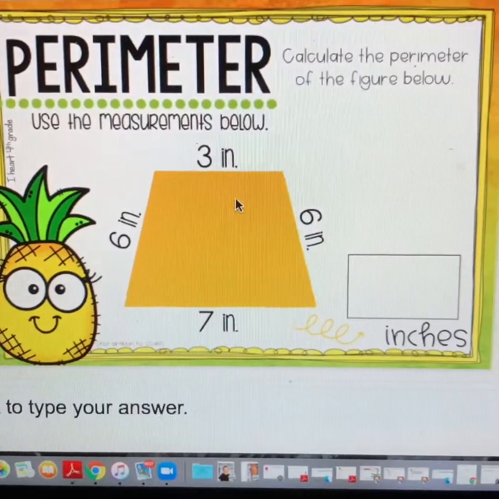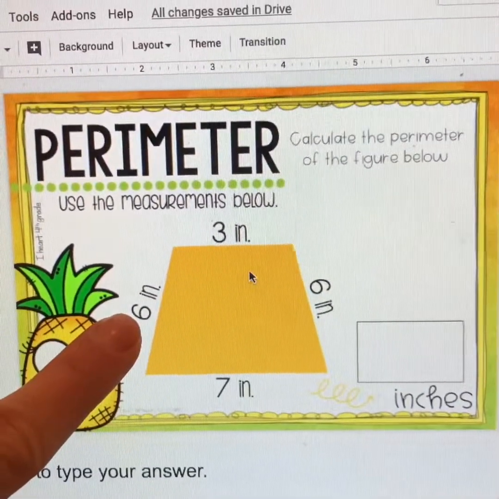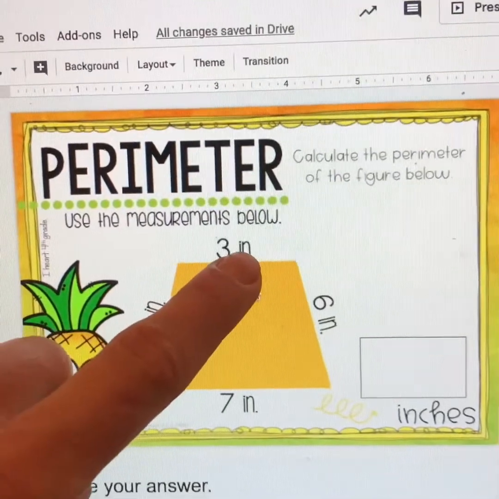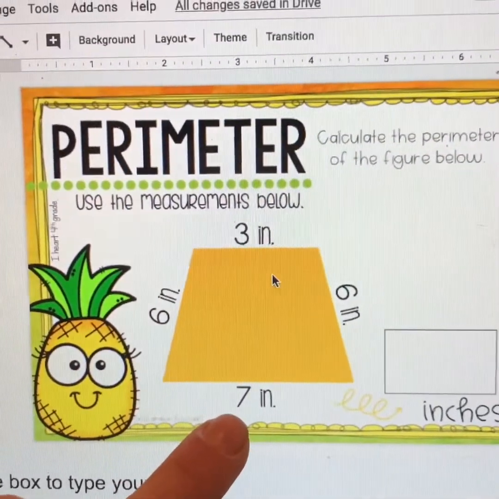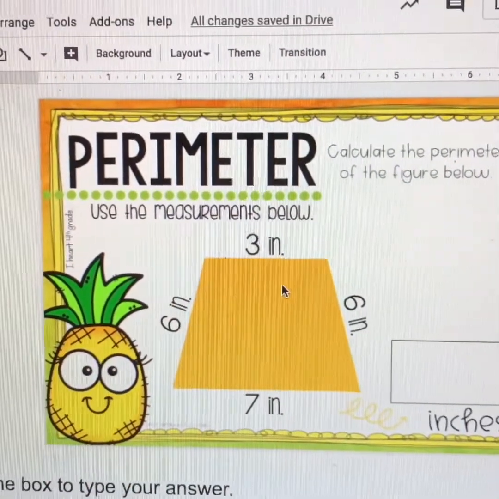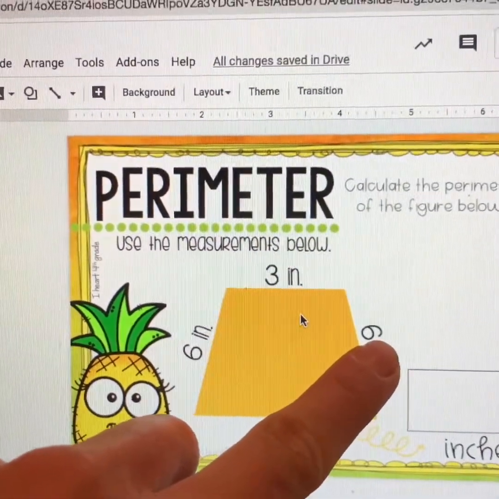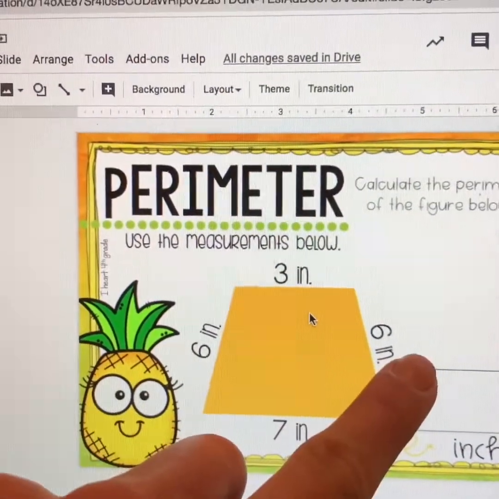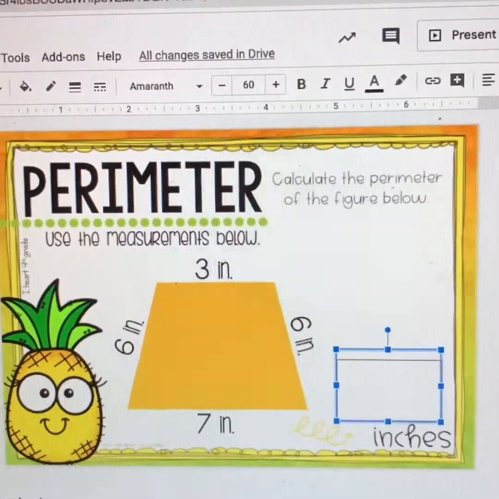Let's find the perimeter of this trapezoid. 6 inches by 3 inches by 6 inches by 7 inches. Again, I see a friendly 10 here. I can add 7 plus 3, which equals 10. And then 6 plus 6, I know is a doubles fact. 6 plus 6 equals 12. 10 plus 12 equals 22.